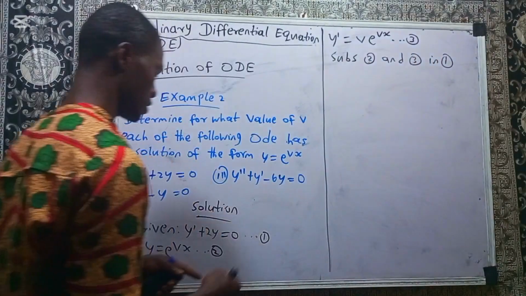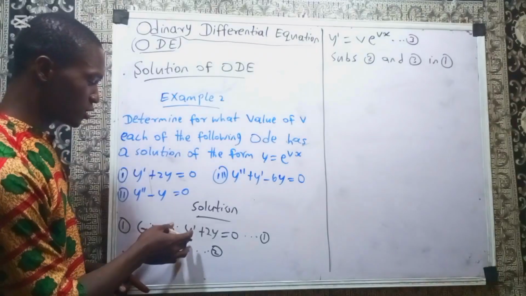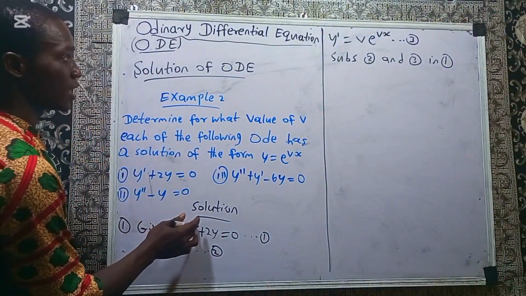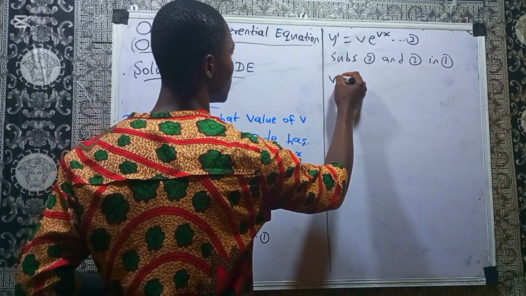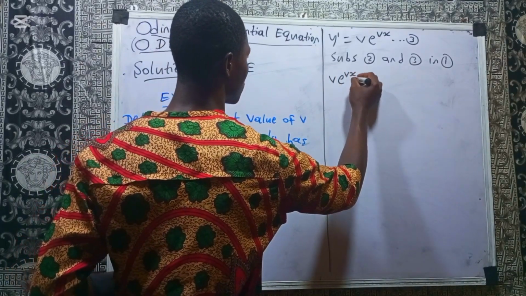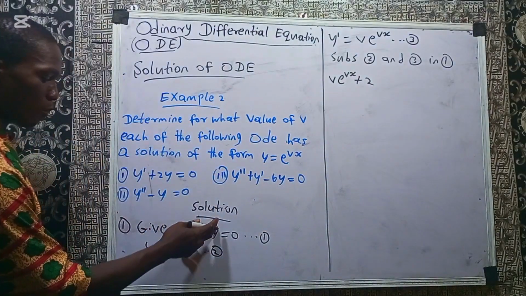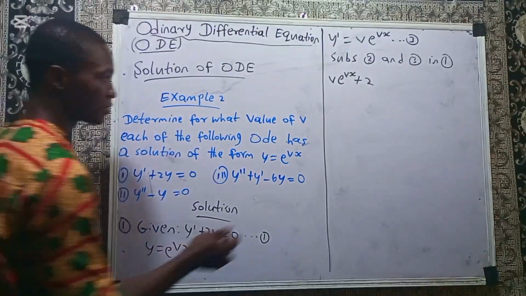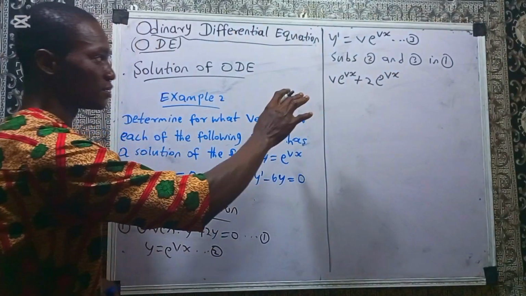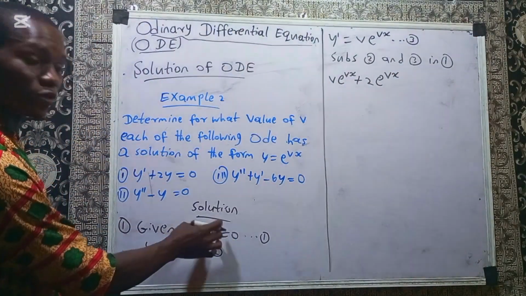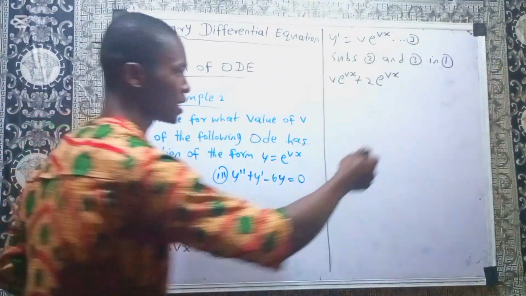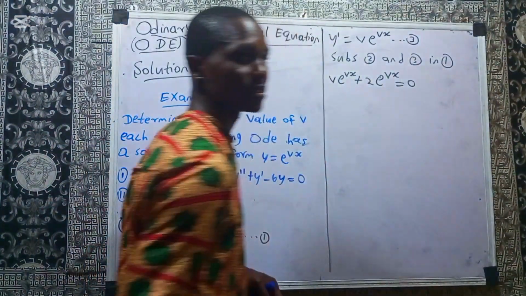What is y prime now? Y prime is v exponential vx plus 2 times y, which is exponential vx. And they say that this function will satisfy the ODE, so it's supposed to give us what is at the right hand side, 0, since it satisfies it, right?